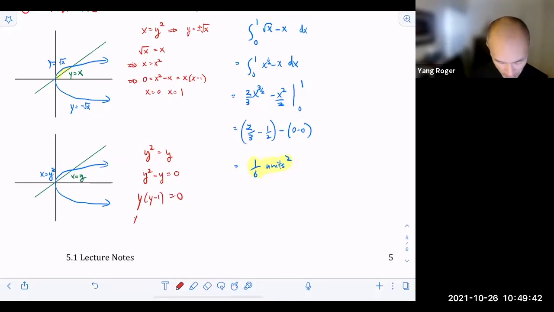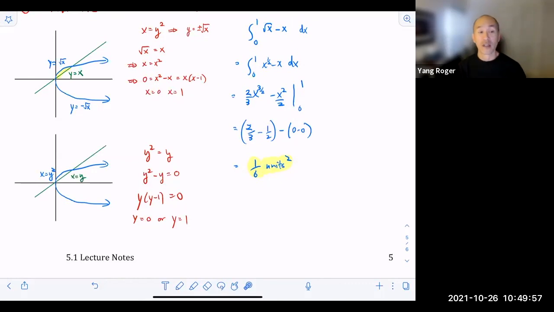And this tells me y is equal to 0 or 1. When you look at the picture, this kind of makes sense, right? Here's the 0 y value and here's the 1 y value. So it looks believable. Any questions about that?